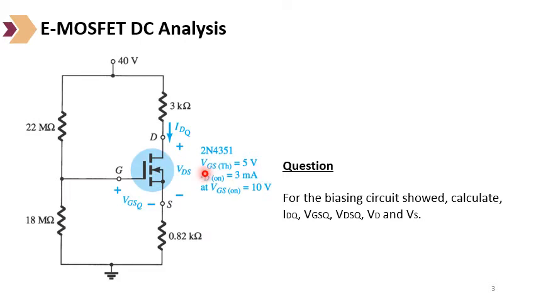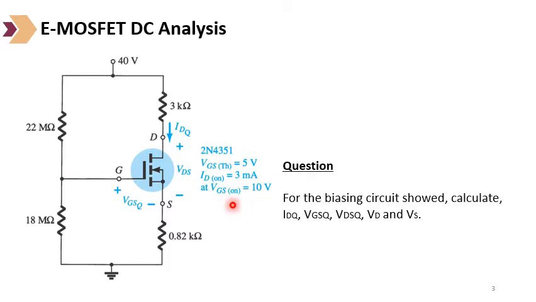For example, the VGS threshold, the threshold of the GS channel. And the second one, the drain current at on condition, which is 3 milliampere. And then the VGS at on condition is 10 volt.